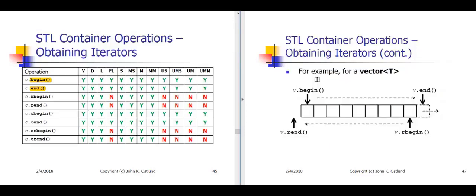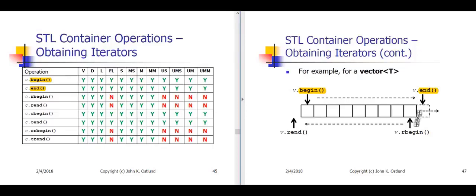So here on slide 47, we have an illustration of the difference between iterators and reverse iterators. Begin, as we know, here we're looking at a vector as an example, gives us back an iterator for the initial element in the container, and as we increment our iterator forward, eventually we will arrive at end, which is just beyond the final element of the container.